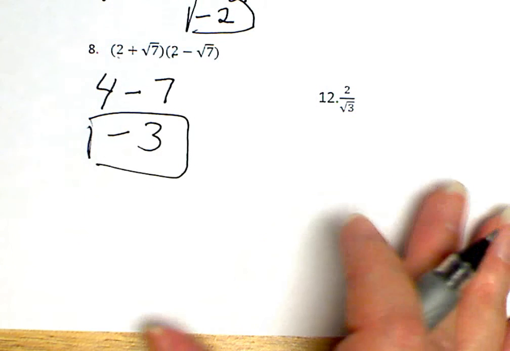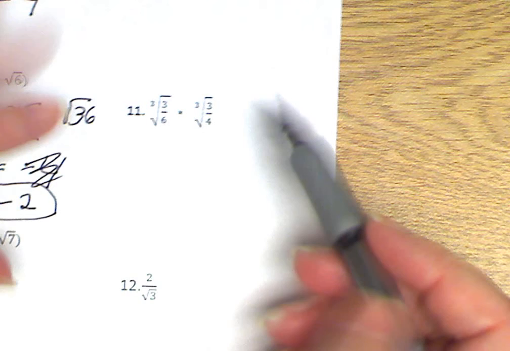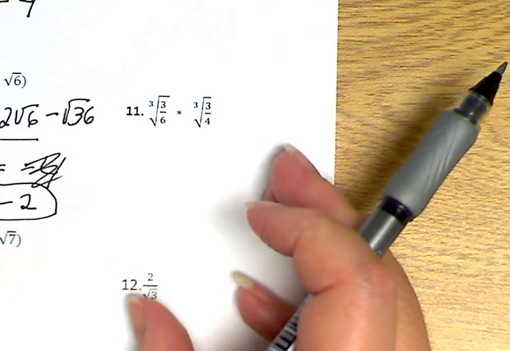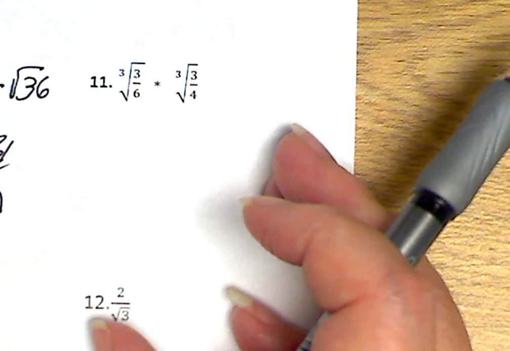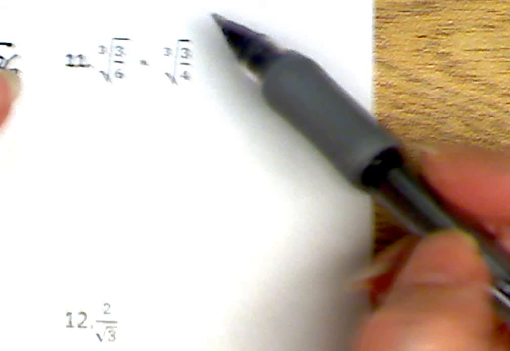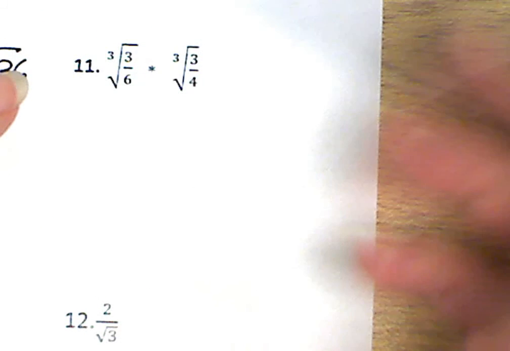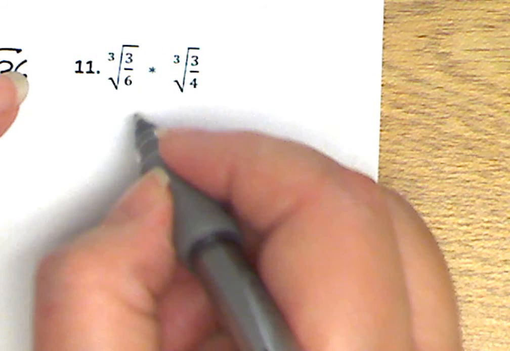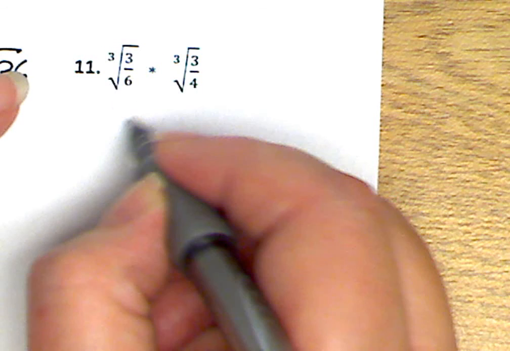All right? Let's do number 11, because you guys asked about this. The first thing you have to do on number 11 is to reduce this. So 3 goes into 6 how many times? Twice. So that 3 over 6, hopefully you guys understand, is 1/2.